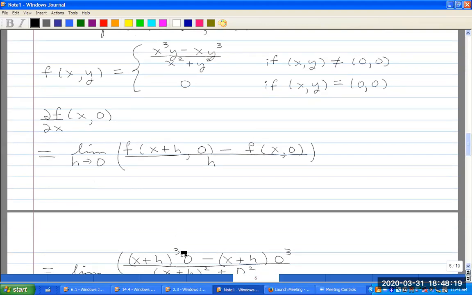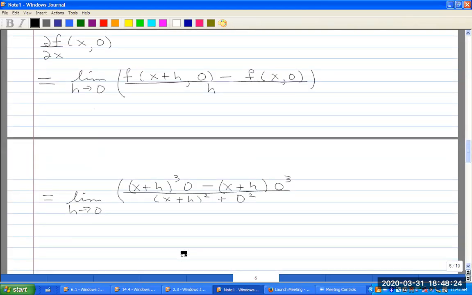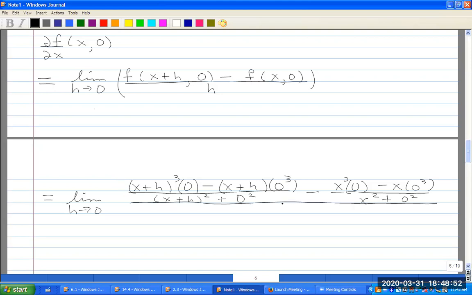Well, x, 0 is going to be the same thing, so minus x times 0 cubed over x squared plus 0 squared, all divided by h.